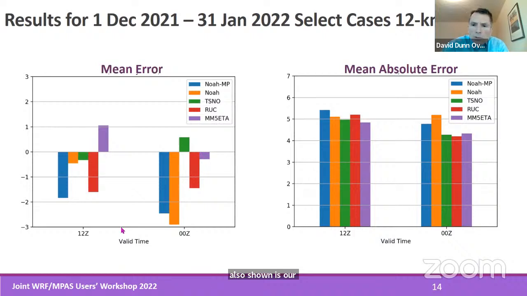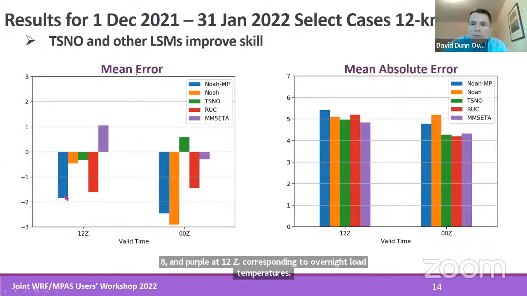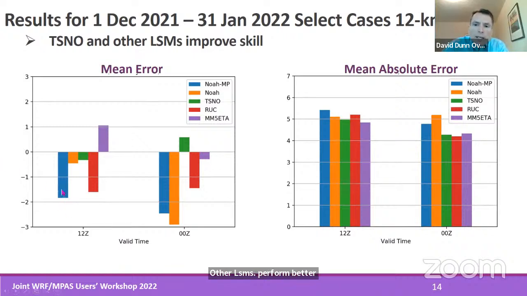At 12Z, corresponding to overnight low temperatures, other LSMs perform better in mean error and mean absolute error than the NOAA MP. At 0Z, corresponding to our daytime high temperatures, NOAA is actually worse than NOAA MP in both mean error and mean absolute error.